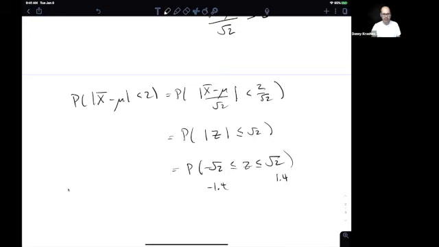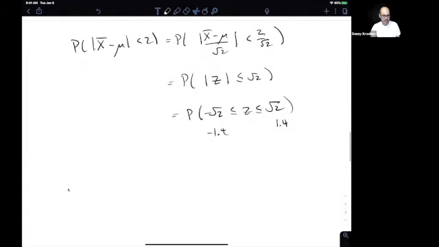You can look that kind of thing up in a table in the back of your favorite statistics book. I found that this is roughly 84%. I got 0.83 something, 0.84, let's say.